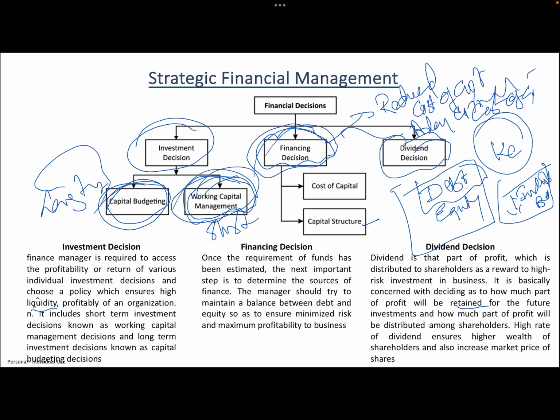Investment decisions include capital budgeting, which is long-term investment planning, and working capital, which is short-term planning. Financing decision is basically about debt and equity capital management and capital structure management, with the focus on reducing the cost of capital. Finally, the dividend decision: how much dividend should be declared out of the profit and how much should be retained for future use of the company. So this is all about financing strategy.